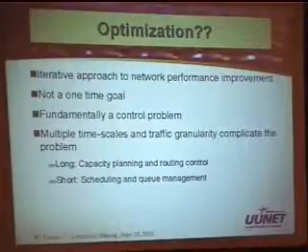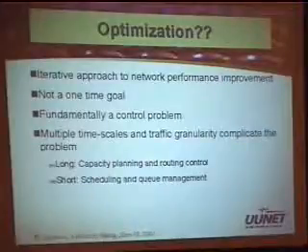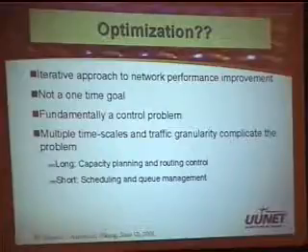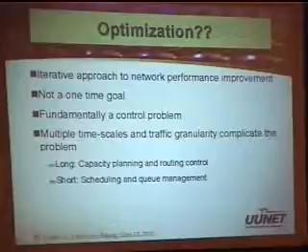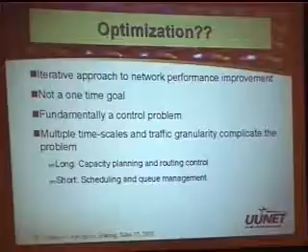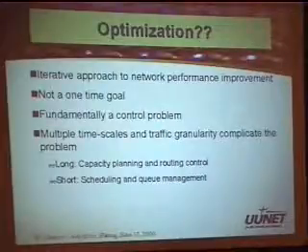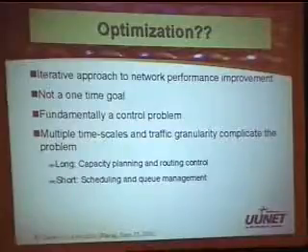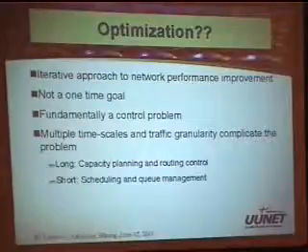From a time scale perspective, you have long time scale issues, aspects that relate to capacity planning for the network, as well as control over the routing infrastructure, which is basically an intermediate time scale control problem. You also have very, very short time scale control issues, which pertain essentially to scheduling and queue management, basically to service policy within each particular network element.